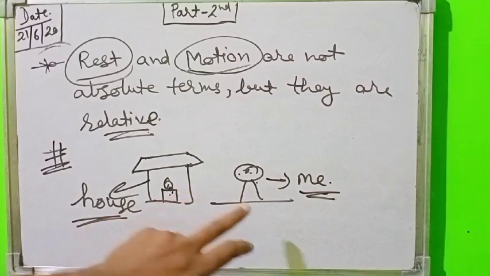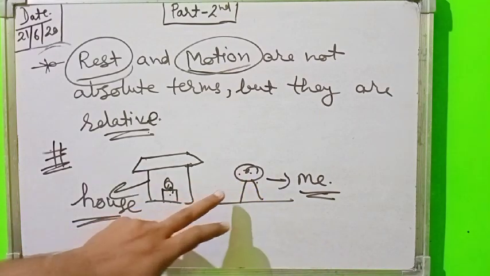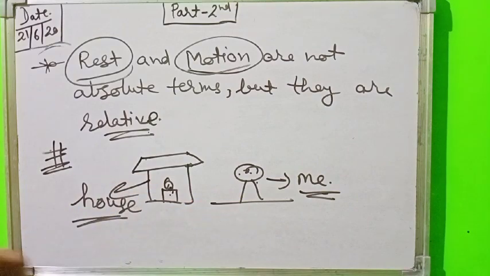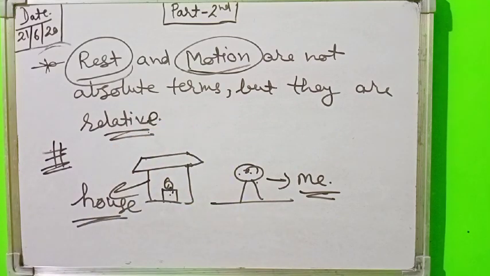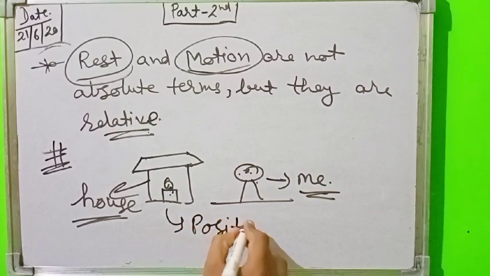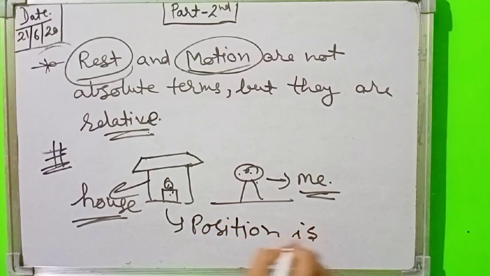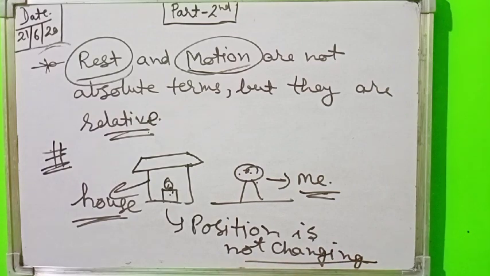You are in the house, I am standing here, and I am observing you that as the time passes, as my clock reads the time, it goes on, and with respect to the surrounding also, your position is not changing. Then I say that you are at rest.